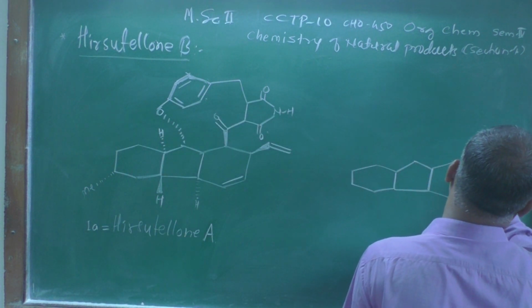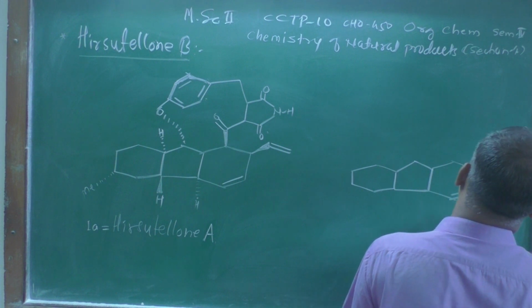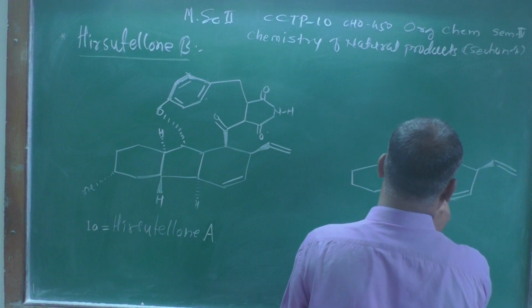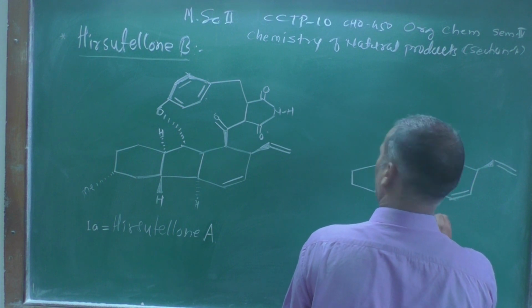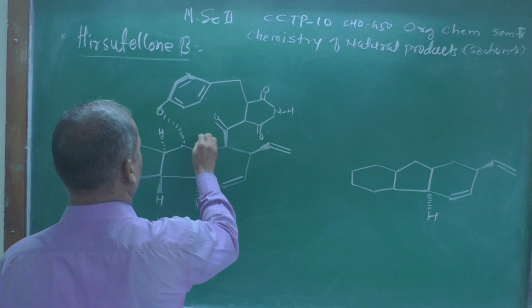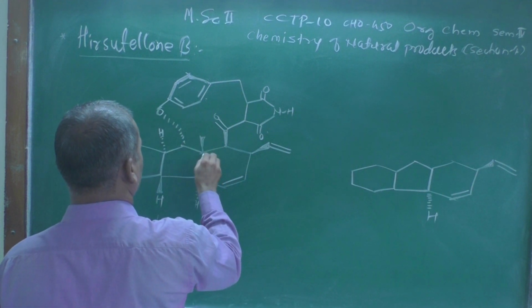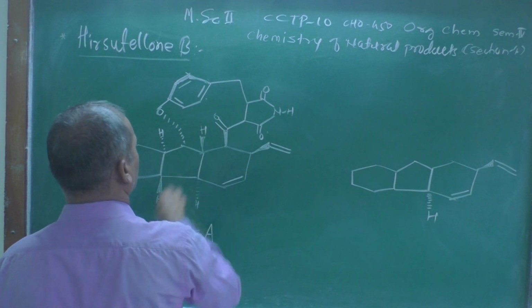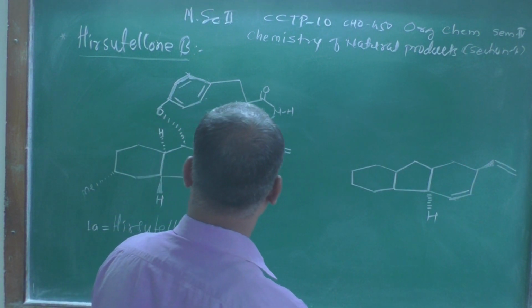Then this stereochemistry shown here, double bond. Now here at this junction the hydrogen atom is below the plane. Here the hydrogen atom at this bridge is above the plane.